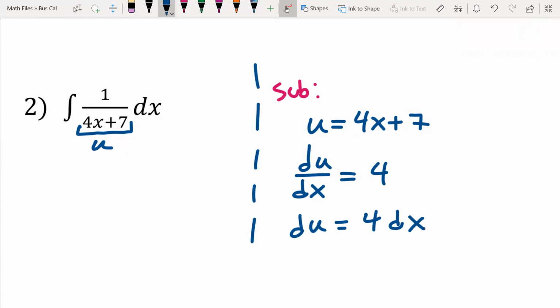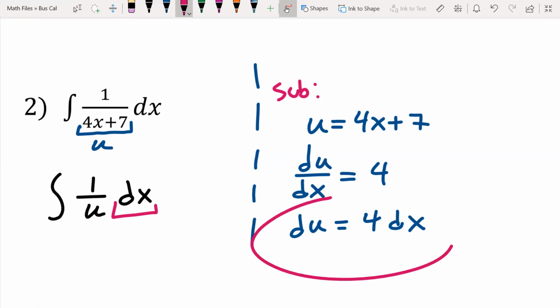Okay, now let's see what's happening on the left side. Right now we have the integral of 1 over u dx. So now we have to get rid of this dx. We have to make a substitution for it, which means if we look over here, we're going to have to solve this equation for dx.